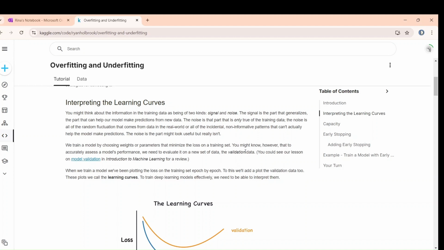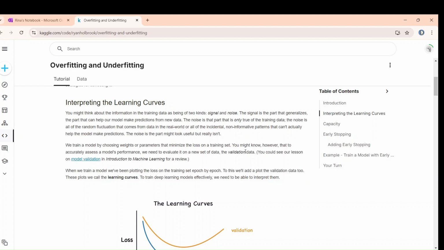So you are keeping a different set of data that is not used for training. You have trained the model on the training data part, but you are keeping a separate set of data, like you used to keep for testing. Now you are keeping a separate set of data for validation so that you can check how your model is performing.